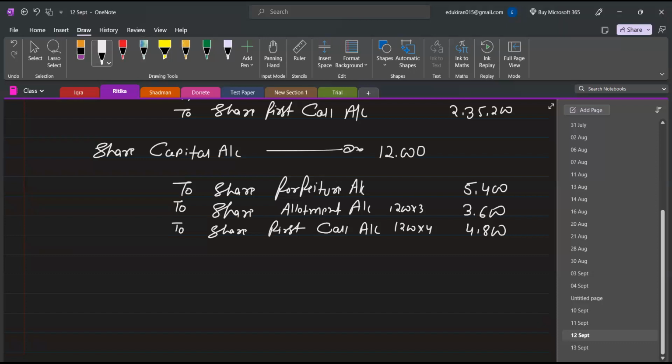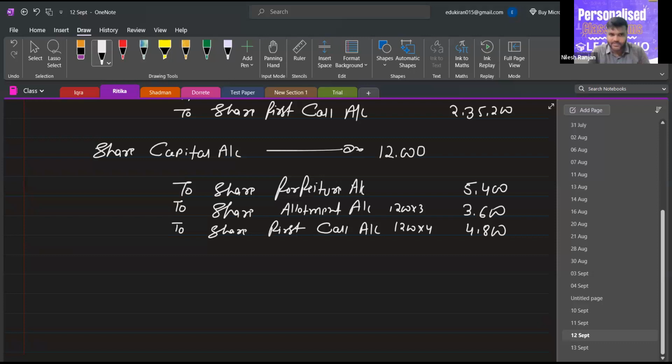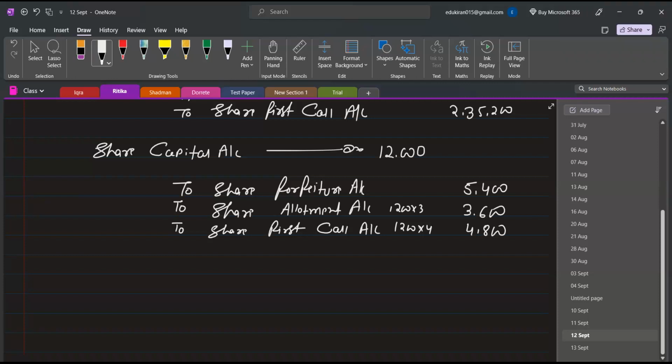Sir, I'm a little confused. Why? Sir, the 1,200 is the total of both Mohan and Sohan shares. Yes. Into 3, is it the allotment money? Yes. Okay, sir. So then it is correct.